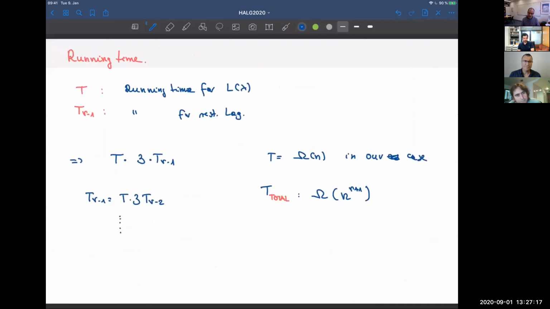Okay, so now let's suppose that we have a running time for the restricted Lagrangian, and you remember this was for affine subspaces of dimension r-1, and t is the running time for L(lambda). Then what is the running time that we get in the end for our algorithm that solves the Lagrangian? Well, it is t, the running time for L(lambda), because this is an upper bound on the number of queries that I have to do.